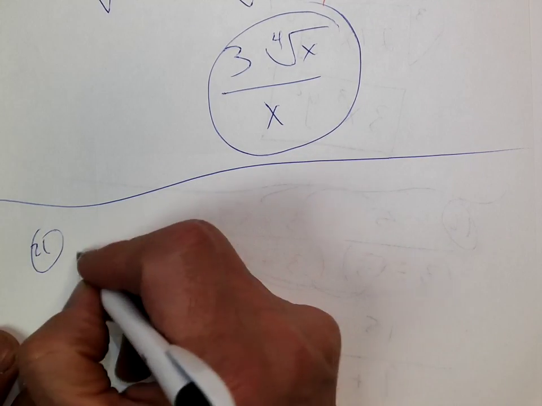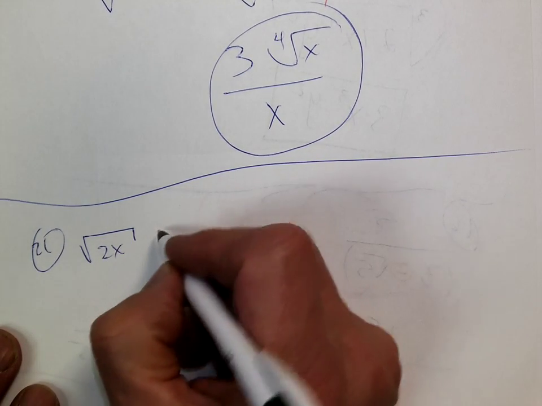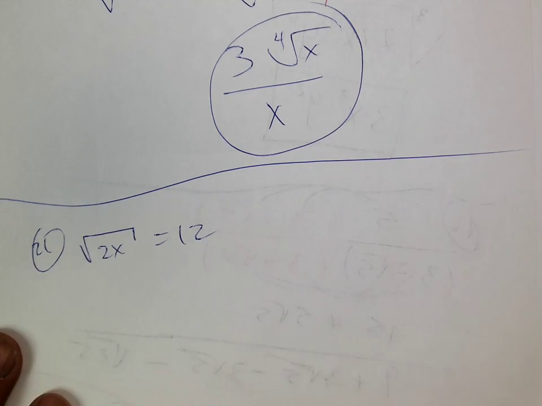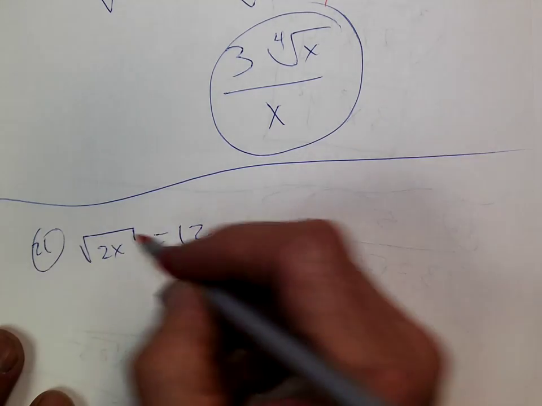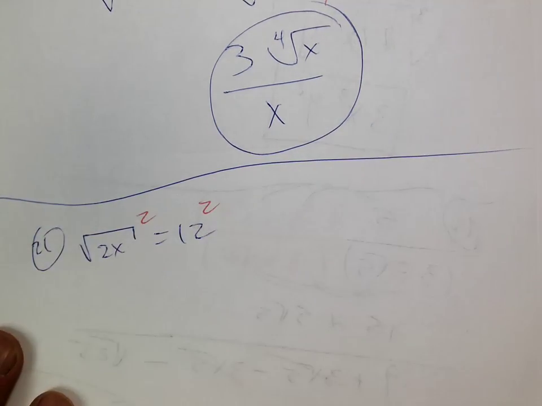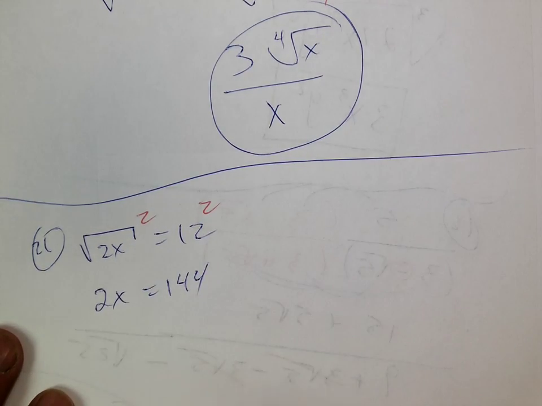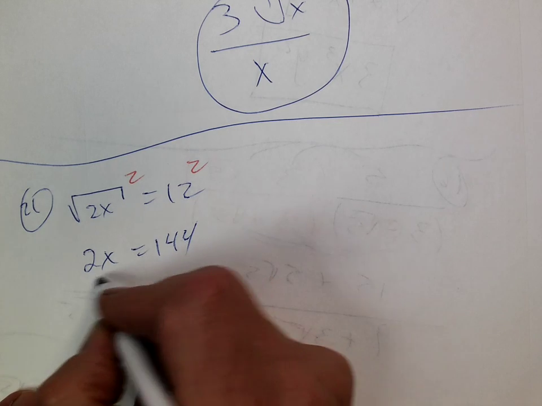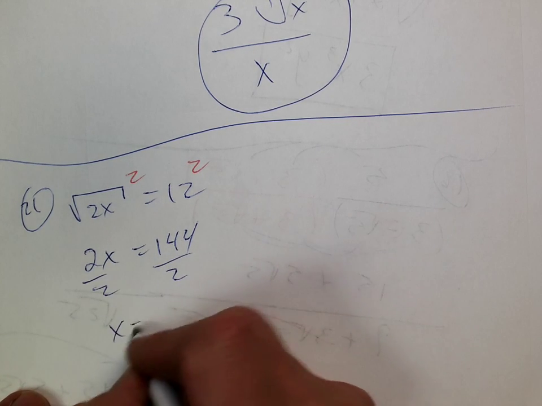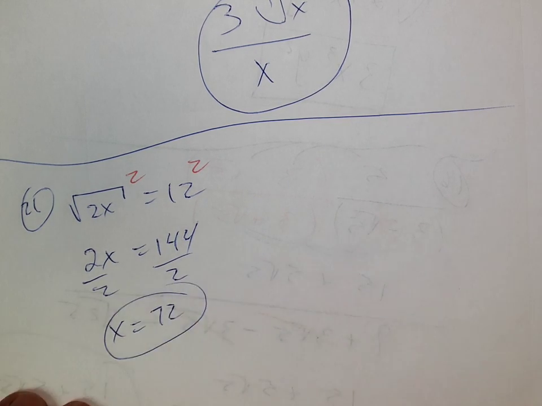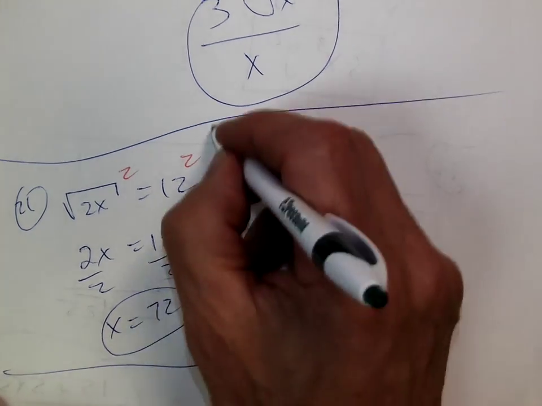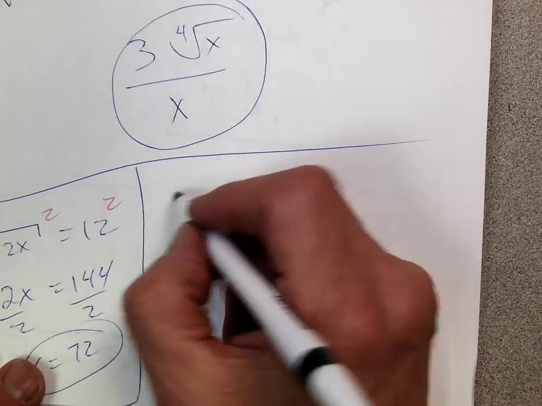21. We've got square root of 2x equals 12. Square both sides. 2x equals 144. You're right, Alondra. Divide by 2. X equals 72. I like these ones. These aren't so bad. Okay, 22.